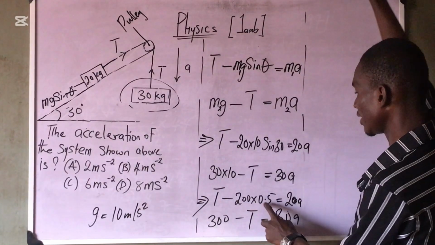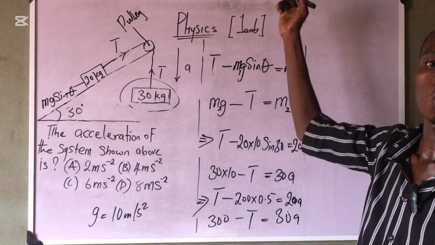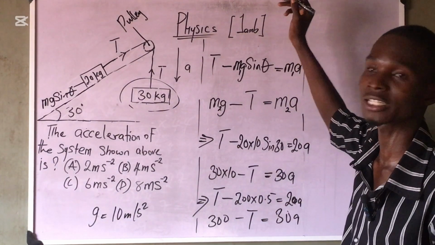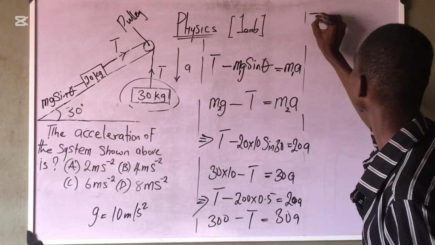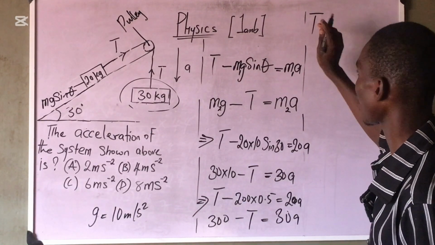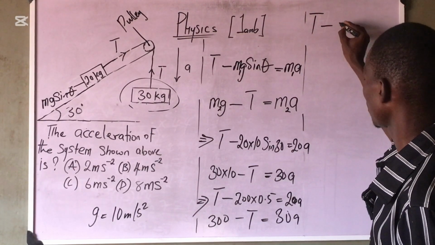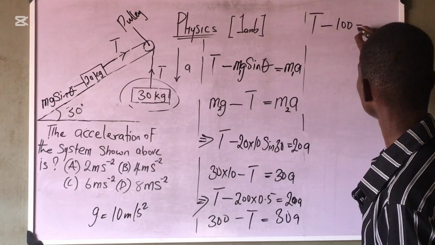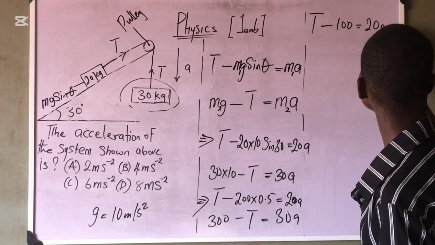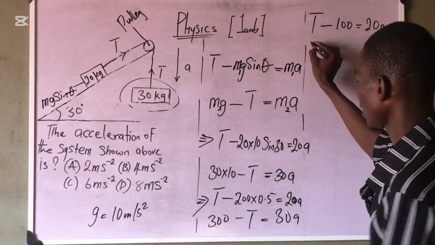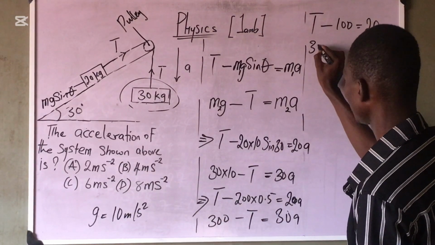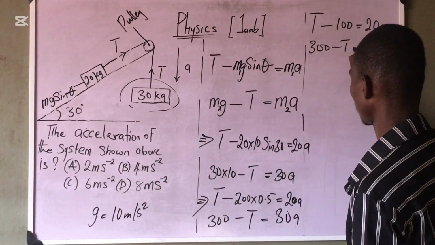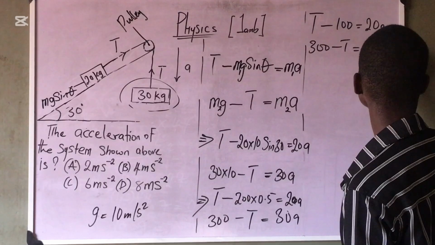When this times this, 0.5 times 200 is 100. So I will have tension minus 100 to be equal to 20a. And over here, I will have 300 minus tension to be equal to 30a.